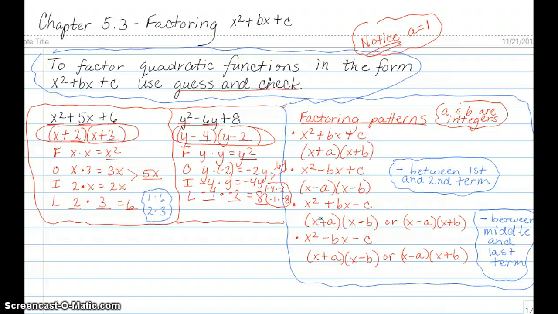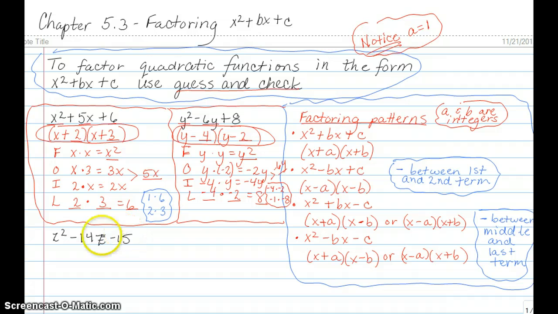So let's go ahead and do z squared minus 14z minus 15. So let's write that down. z squared minus 14z minus 15.